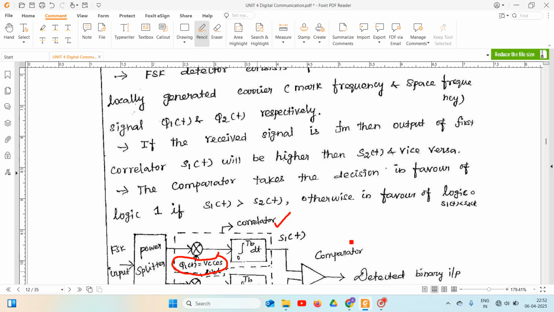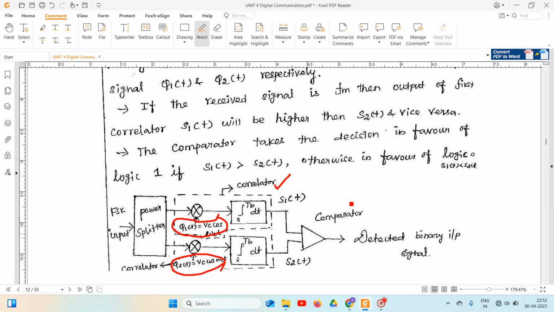Then the outputs of the integrators are S1 of t and S2 of t. These are the two outputs of our correlator. The comparator compares these two signals.